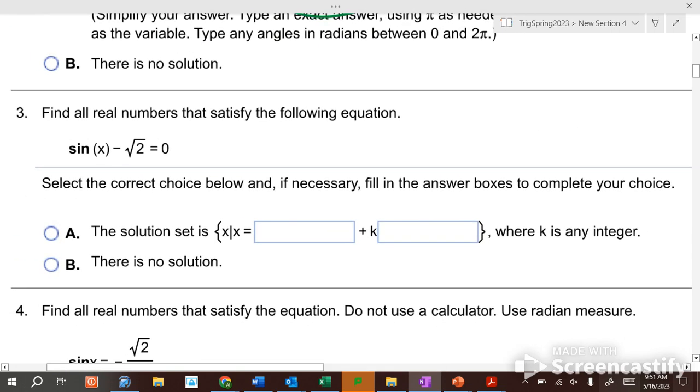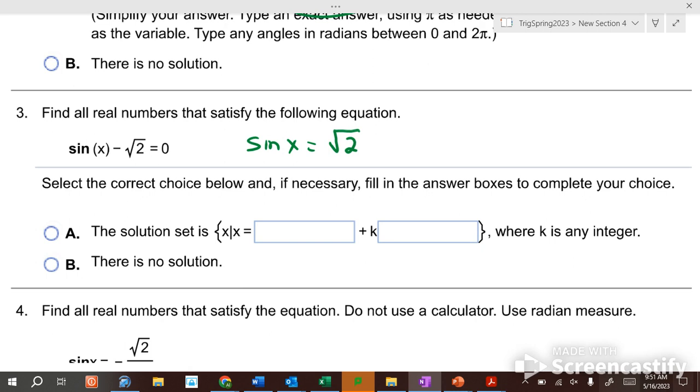Where is the sine equal to? Well, we've got to figure out what the sine should be equal to. The sine of x should equal, if we add the square root of 2 to each side, square root of 2. Where is the sine equal to square root of 2? Henry's going, I don't see any place on the unit circle where it's equal to square root of 2. Guess what?